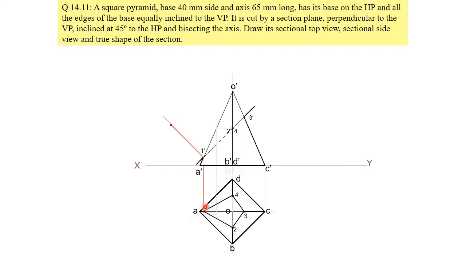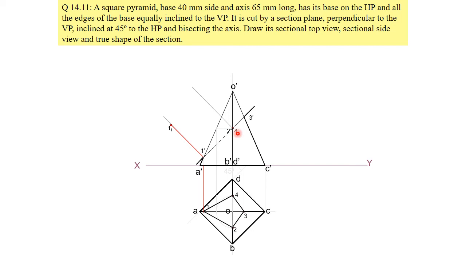And mark this point from the XY line: one perpendicular from the XY line passing through 1. Measure this distance, and using the compass from 1 dash, mark over here a distance equal to that from the XY line to 1.